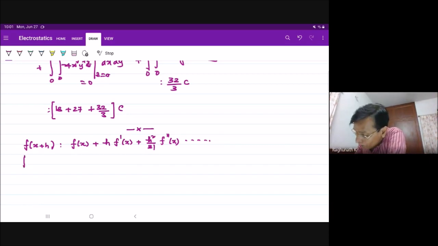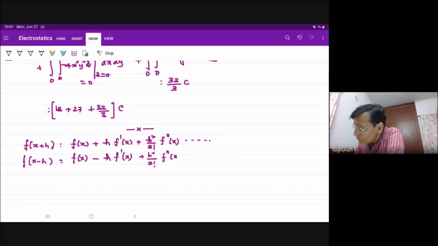And f of x minus h is equal to f of x minus h into f dash of x plus h squared by 2 factorial f double dash of x, and so on. Automatic. h can be positive or negative.